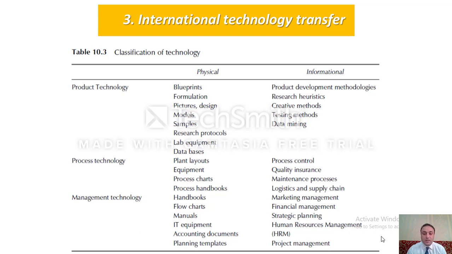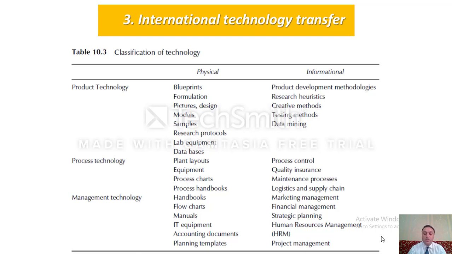Also, process or production technology. We have some physical forms of technology transfer, like the plant or factory layouts, the equipment included in it, the process charts, the process handbooks, and some other informational forms, like process control, quality assurance, the maintenance process, and logistics and supply chain. Finally, management technology.